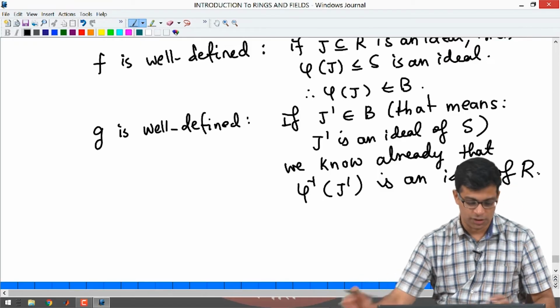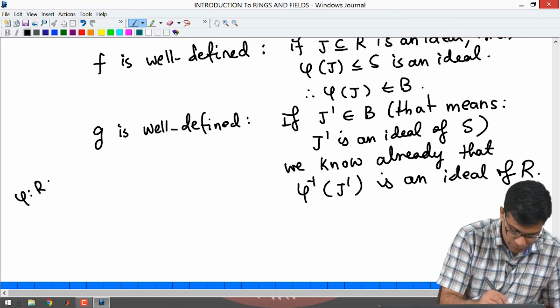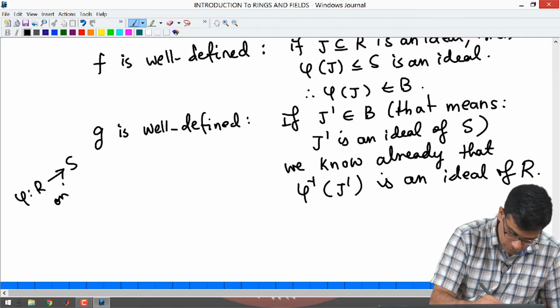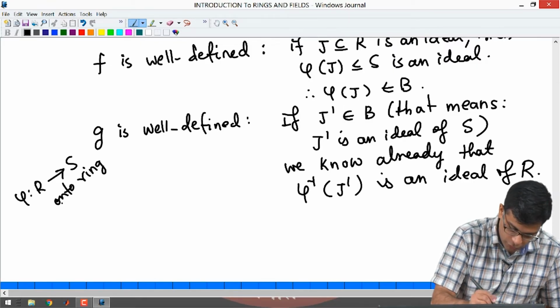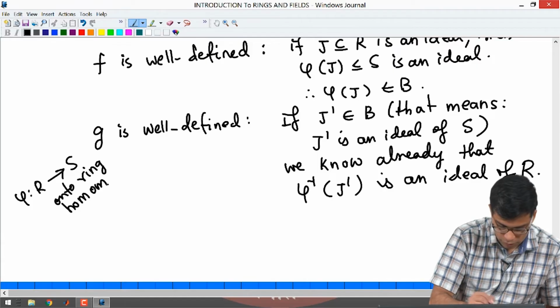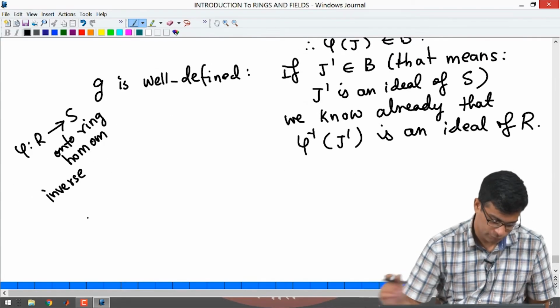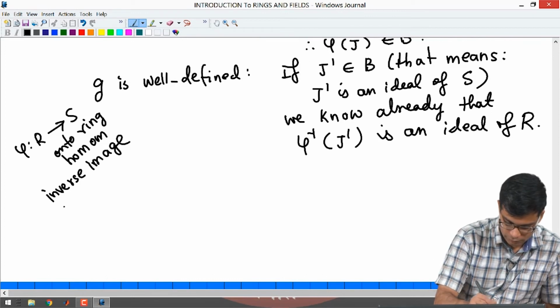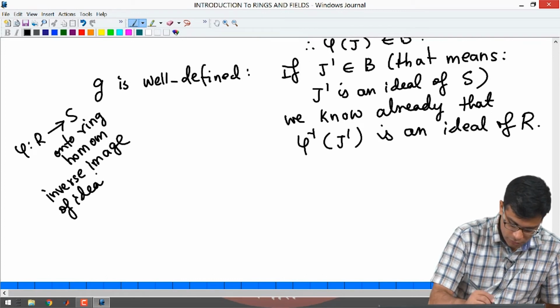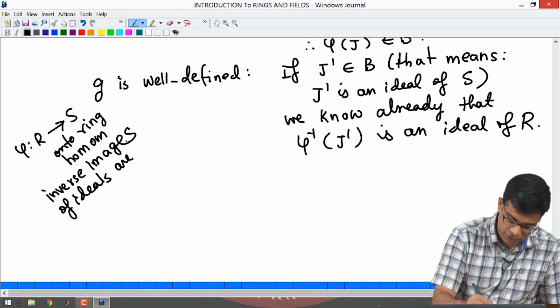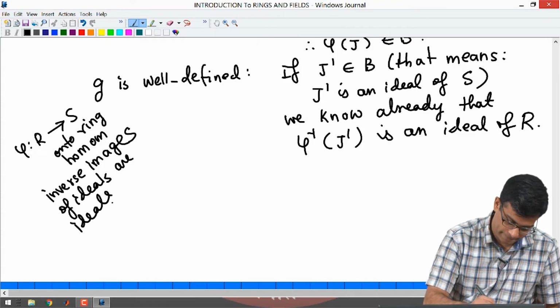This we know because if you have an onto ring homomorphism, inverse images of ideals are ideals.